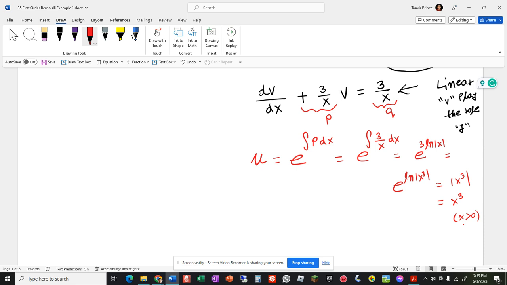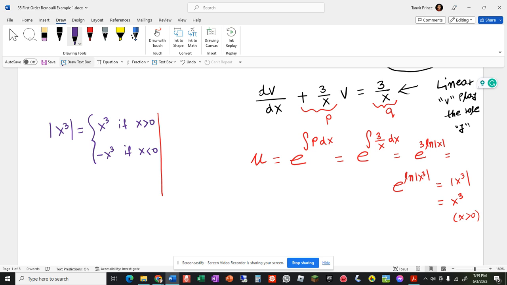So again, what I'm saying here, just to make sure everybody understands, this absolute value of x cubed, you can divide into two parts, right? So that will be x cubed if x is bigger than 0, and this will be negative x cubed if x is less than 0. Because the cube is an odd exponent, we cannot really drop the absolute value as it is.